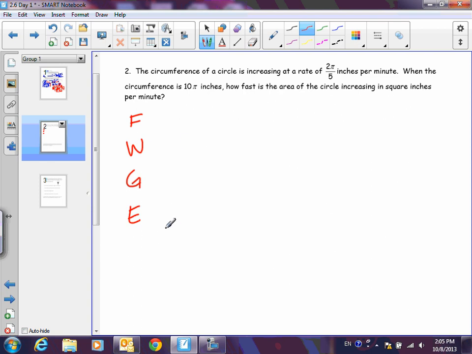Fill out your Twiggy and check with a neighbor. And you may decide that there's more than one thing that goes in a blank, and that's fine.